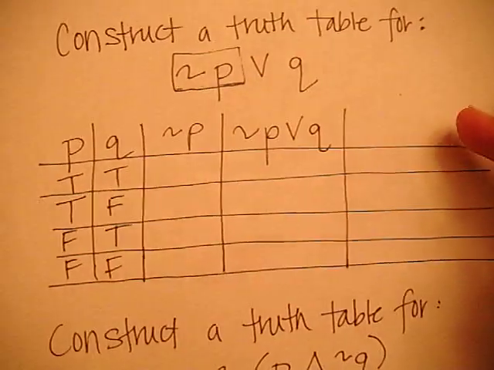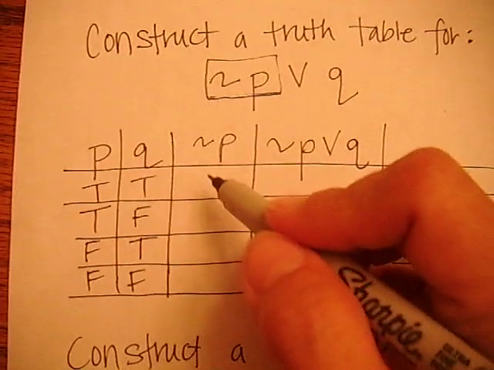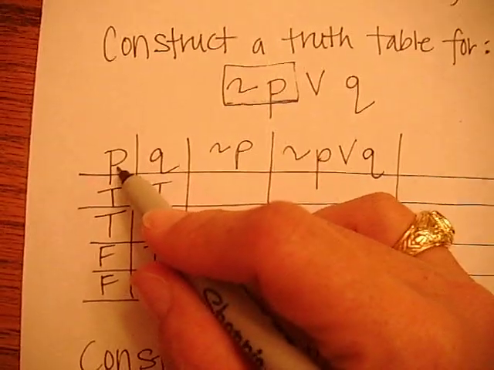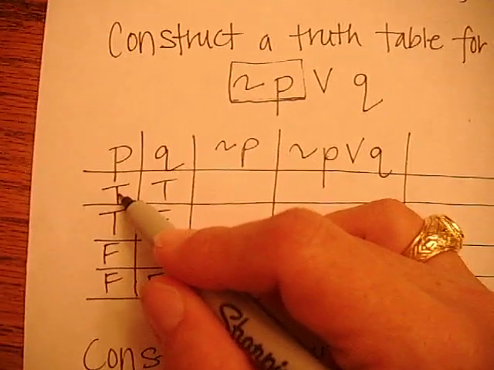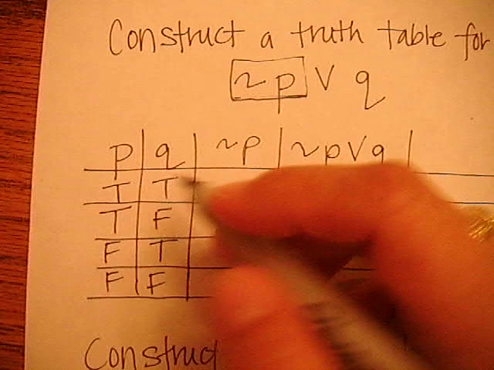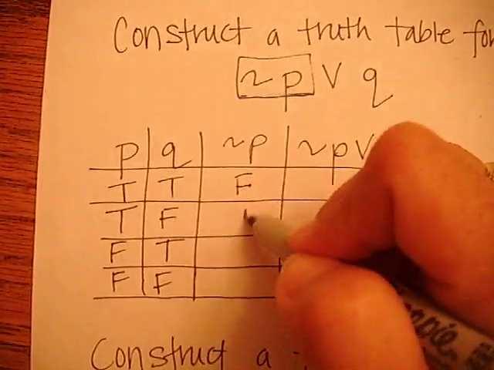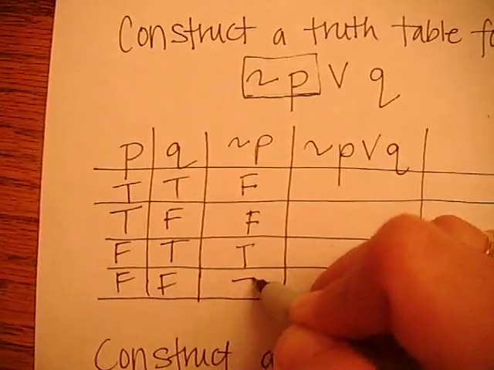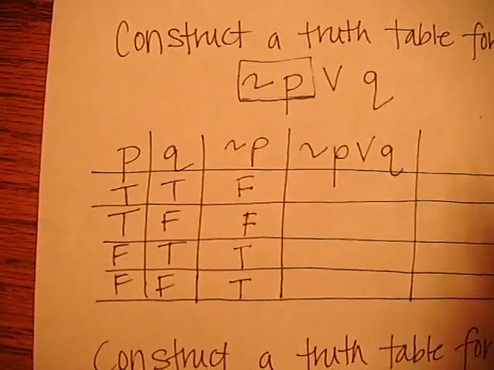Now that we have all the columns filled in as their headings, let's go back and fill in the rest. To get not P, we're going to look at the P column. Not P here would be not true, which is false. Opposite of true is false. Opposite of false is true, and opposite of false is true. So we get that first column filled in.